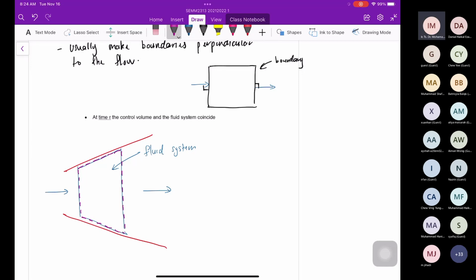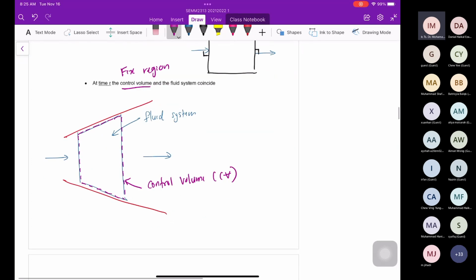Remember what a control volume is? It is a fixed region. It won't move at all. This is the control volume, CV. All right. So this is at point 1 and this is at point 2.